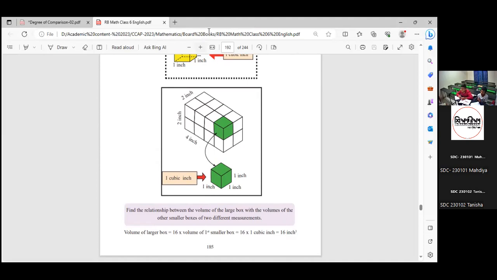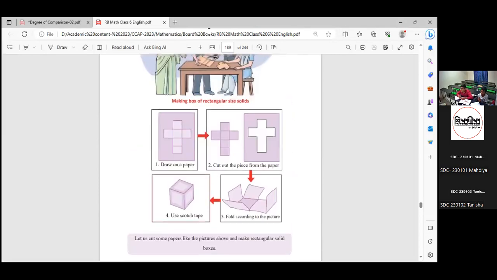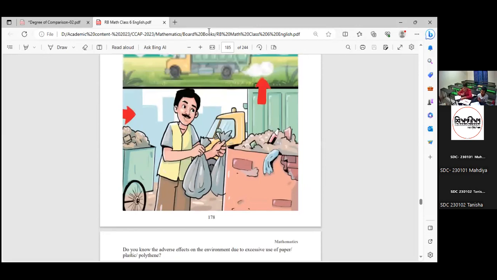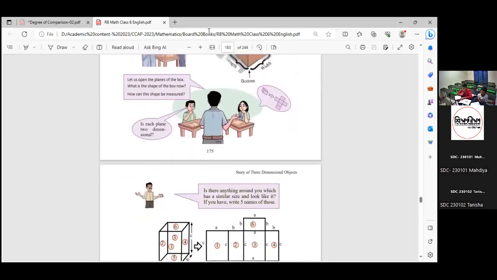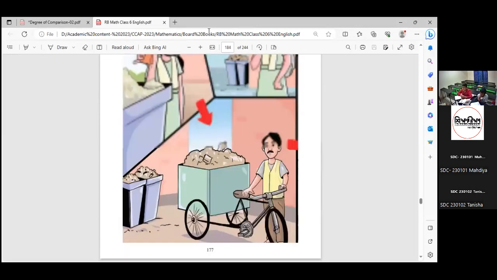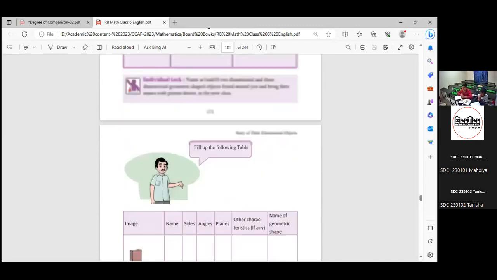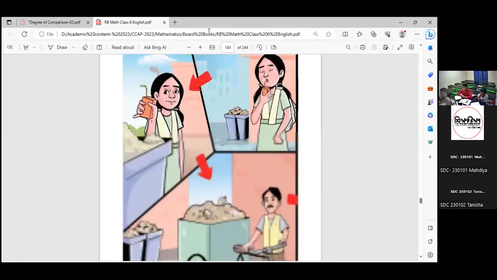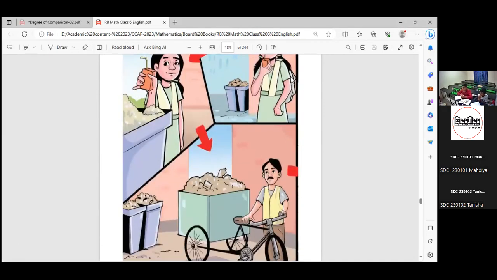What is the total length of all the sides? Do you know this?